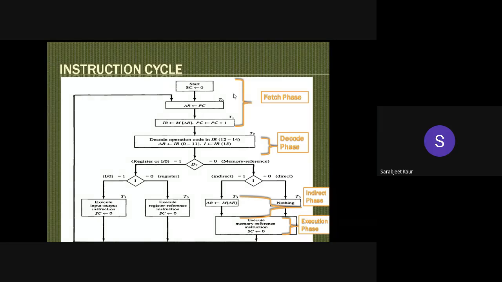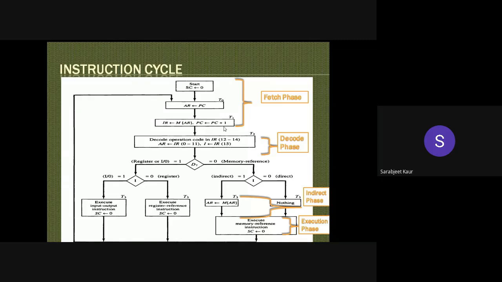Once I transfer the address of the next instruction to AR, I transfer the actual instruction into the instruction register, and I increment the value in the PC. Why? Because now I want it to start pointing to the next instruction, as per its definition.